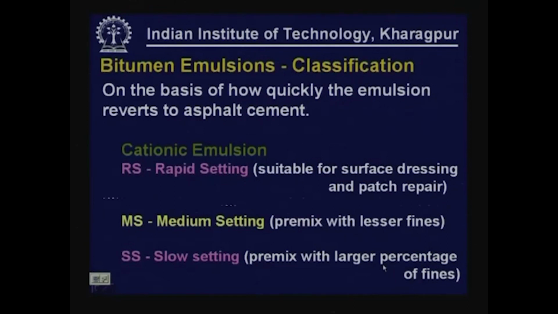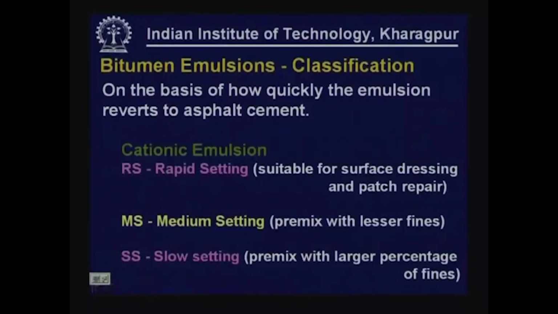The emulsions can also be classified on the basis of how quickly the emulsion reverts to asphalt cement. Ultimately, asphalt cement or bitumen is what we want as our binder, so the water has to go away. Depending on how quickly the water goes away and the bitumen coats the aggregates, the emulsions are classified as rapid setting, medium setting and slow setting.